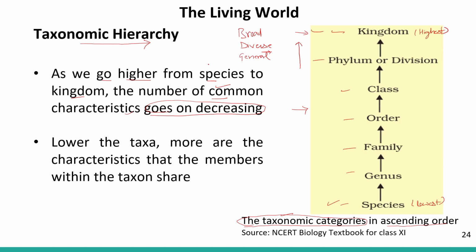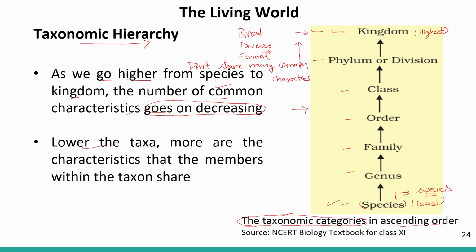Or you can also say they do not share many common characteristics. Common characters you can write. If we talk about species level, this is very specific, and the organisms in the species share a lot of similar characters.